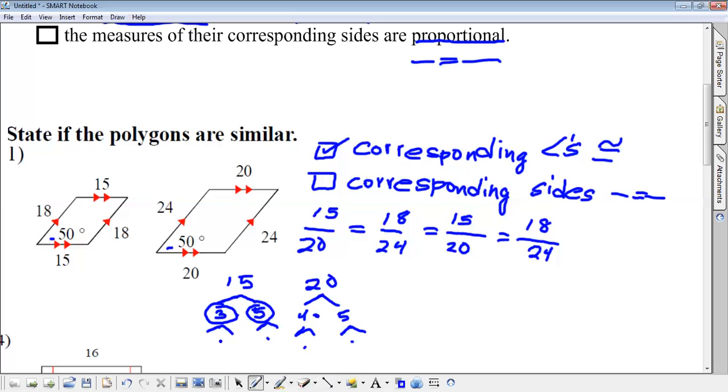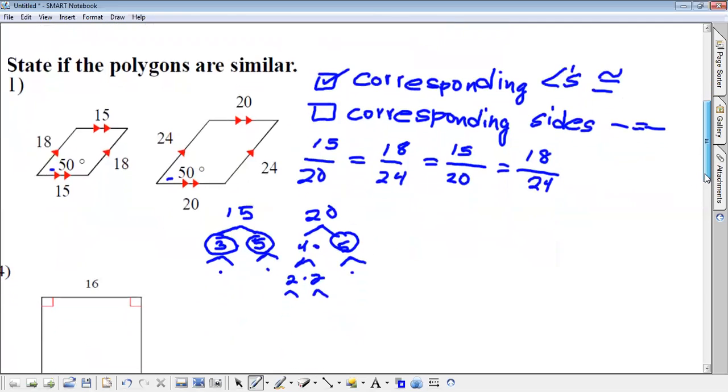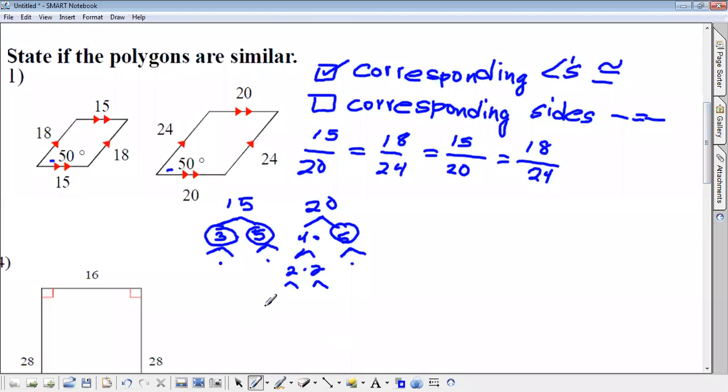Yes, that'll be 2 and 2, very good. Factors of 5, can I use 1 or 5? No, so that's prime already. Factors of 2, cannot use 1 or 2. Okay, no, that's prime also. So you have to keep going to get all prime numbers, okay?